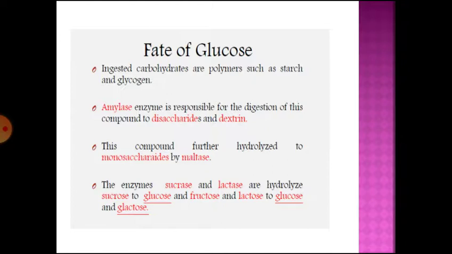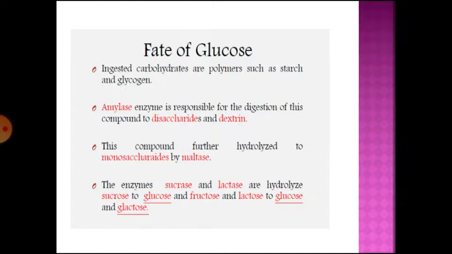Fate of glucose: ingested carbohydrates are polymers such as starch and glycogen. They are first broken down in the mouth, which is the first step of carbohydrate digestion, by the alpha amylase present in saliva, which breaks down the starch and glycogen.